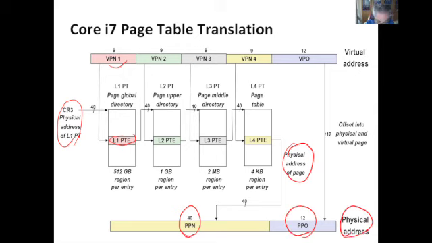And here is the nice thing. How many entries do I have? I will have 2 to the power 9 page table entries here, right? Each entry would tell me about 512 gigabytes. When you go down to here, each entry will point to a 4 kilobyte region.